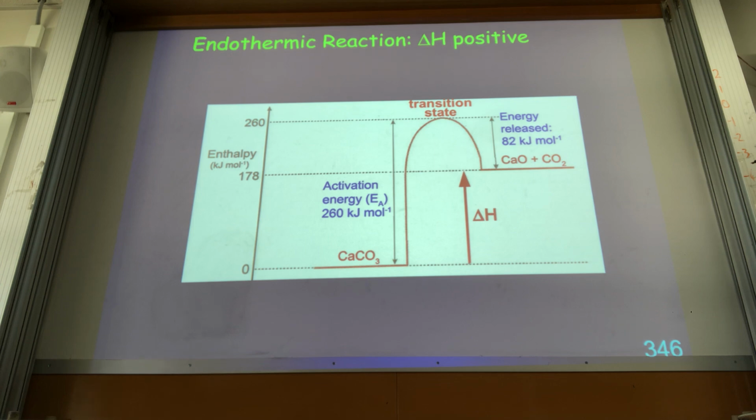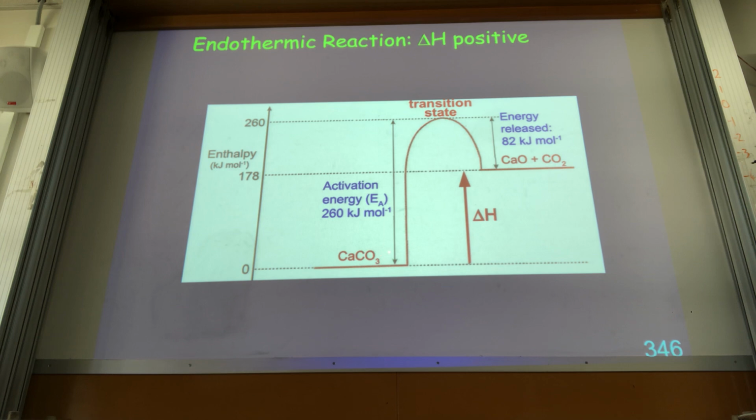So an example of an endothermic reaction, the decomposition of calcium carbonate. Very high activation energy. It takes a lot of energy to break the bonds in calcium carbonate, 260 kilojoules to be precise, to break the bonds in 1 mole. So again, we put the initial level as being 0, the calcium carbonate, the reactants at being 0.